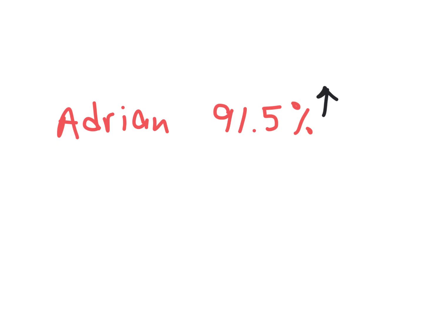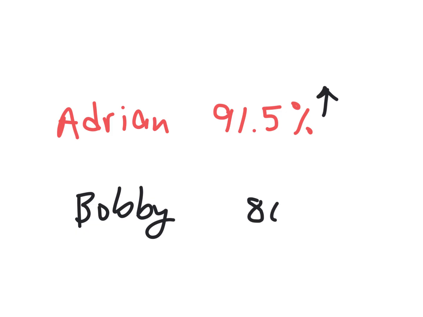or what if it's Bobby at an 80.3? Do you get if he drops 1%, he's going to be at a C plus instead of a B minus? Almost everybody in here is 1% away from either dropping out of the grade they have and going down a notch, or you're 1% away from going up.